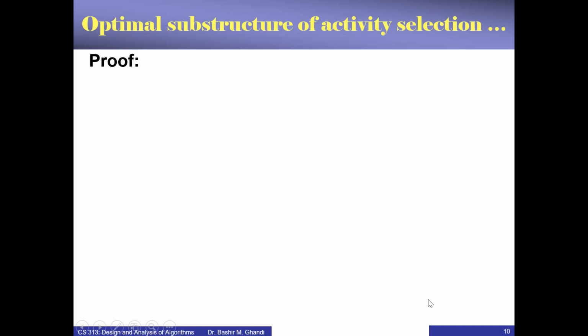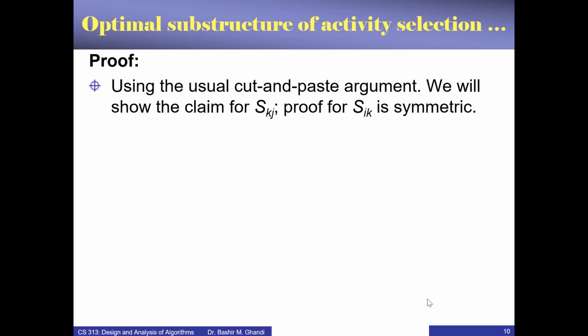So this is the proof, and we're going to do it by the usual cut and paste argument. We will show the proof using just one of the two subsets, which is Skj. The proof for Sik obviously will be symmetric.